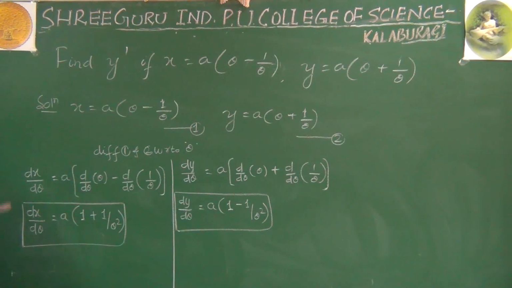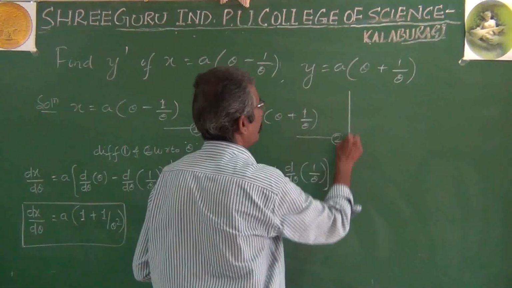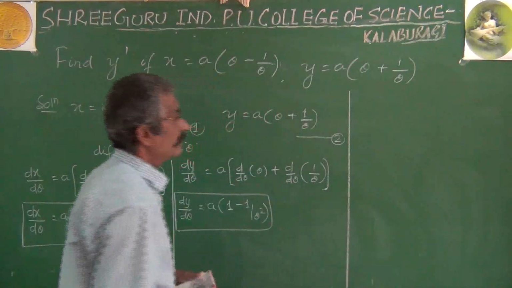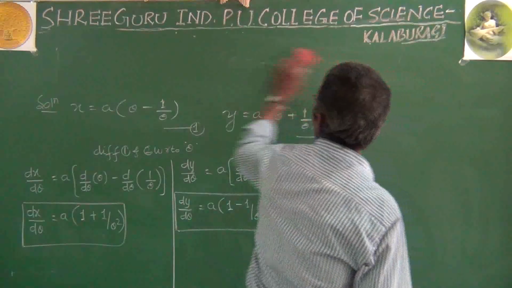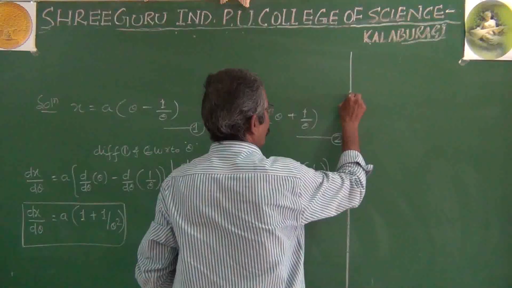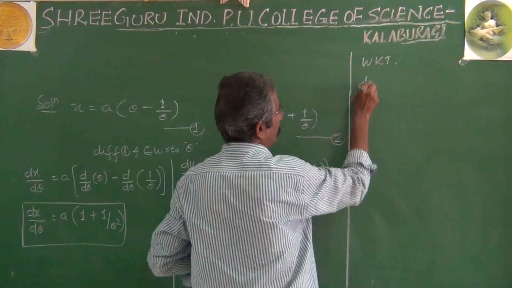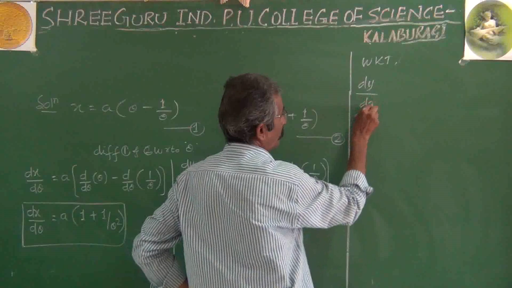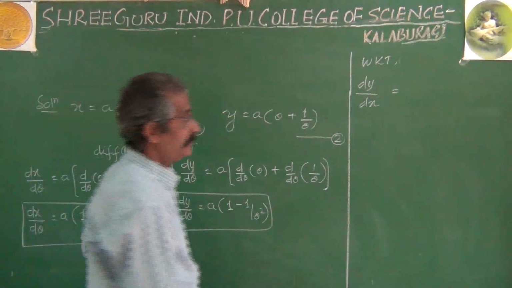Let's impose the formula for dy by dx. We know that dy by dx equals dy by d theta divided by dx by d theta.